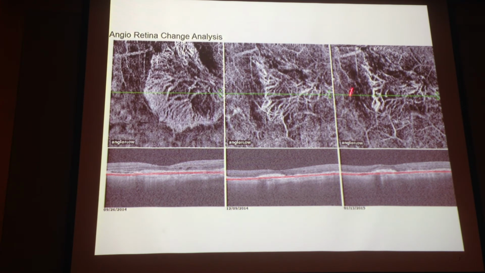And there is some reduction, but I don't know if this reduction is due to the fact that it's just not perfused, so the vessel is not perfused, or actually it's really reduced as a structure. Because, as I showed before, we see if something is filling or not. So we don't know if the structure is really reduced.